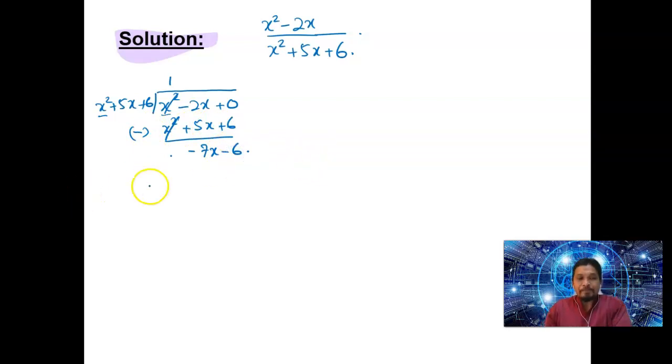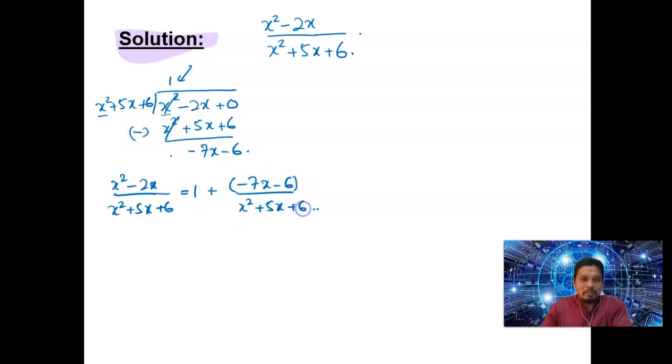So x squared minus 2x divided by x squared plus 5x plus 6 equals the quotient 1 plus negative 7x minus 6 divided by x squared plus 5x plus 6, which is 1 minus 7x plus 6 divided by x squared plus 5x plus 6.